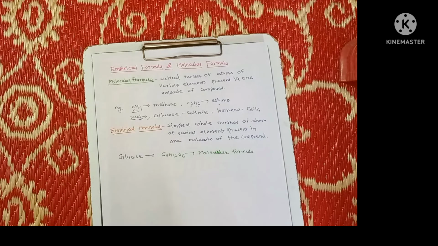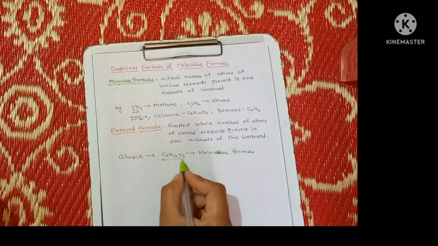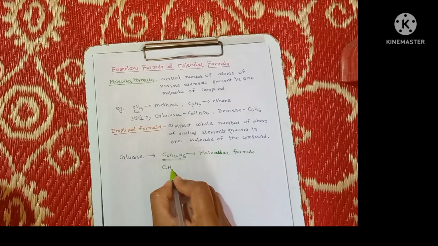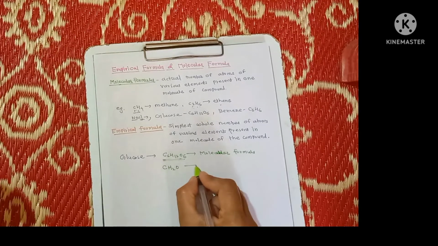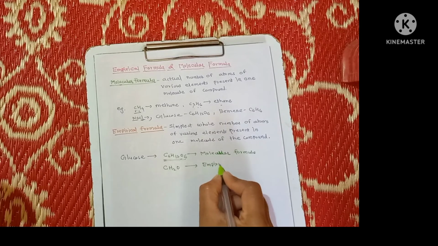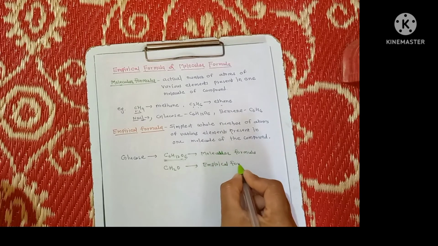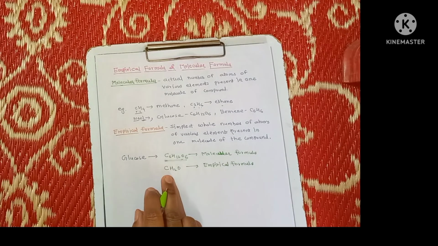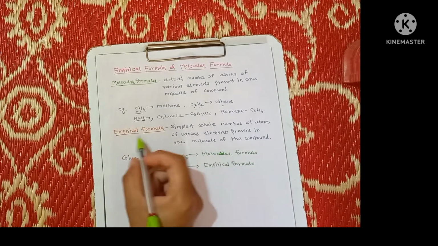If you try to calculate the empirical formula of this glucose, it becomes CH2O. This is the empirical formula of glucose.